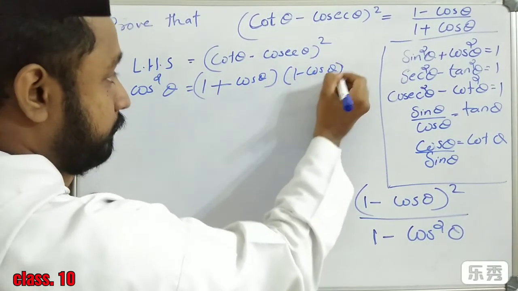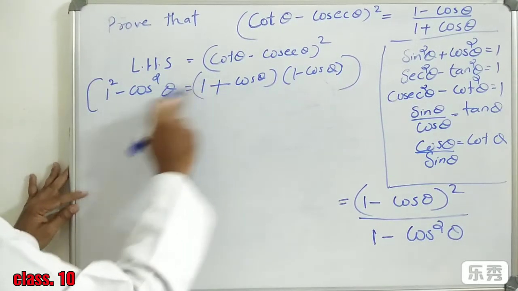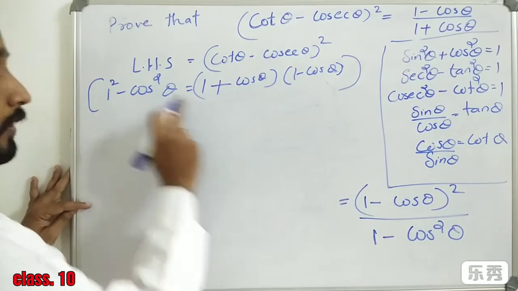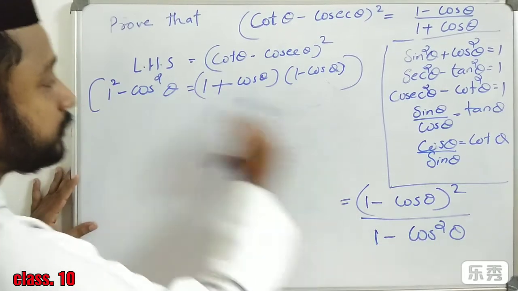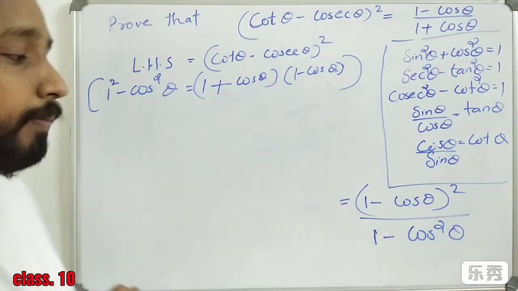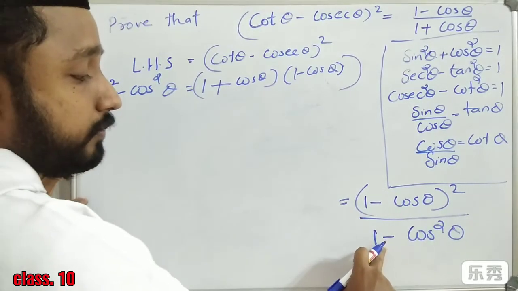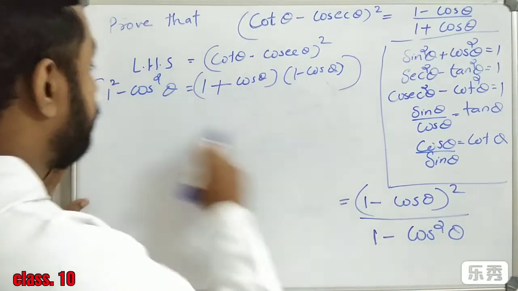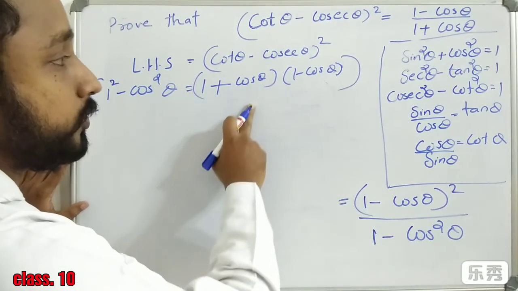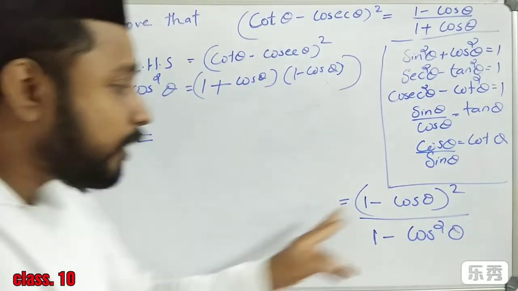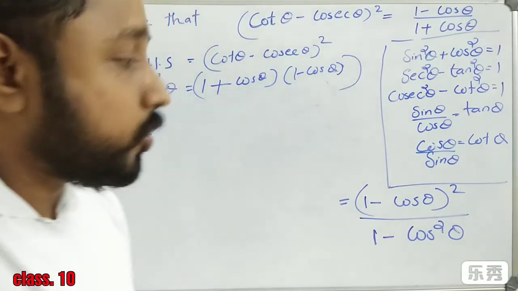So 1 minus cos square theta is equal to 1 plus cos theta into 1 minus cos theta.